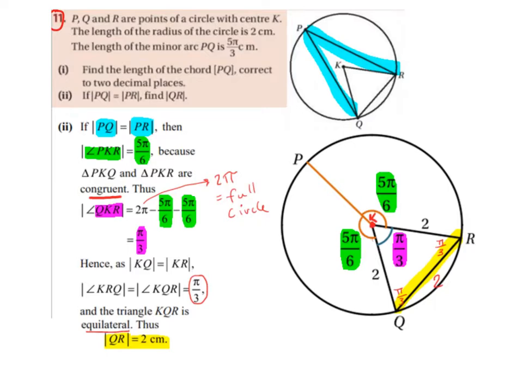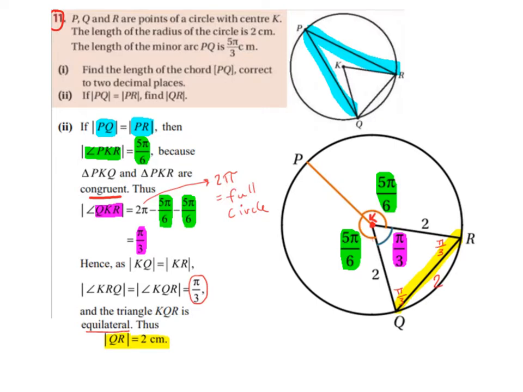So remember, we got 5 pi over 6 in part 1. So if this angle here is 5 pi over 6, then this angle on the other side is also 5 pi over 6. Now if we want to figure out this angle here, we need to use the fact that all the angles around a point add up to 360 degrees, which is the same thing as 2 pi.